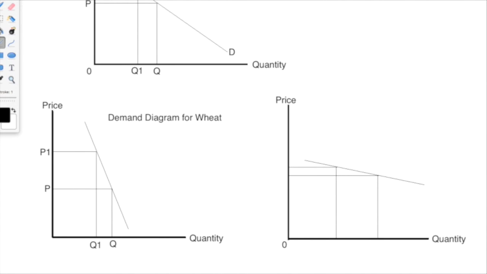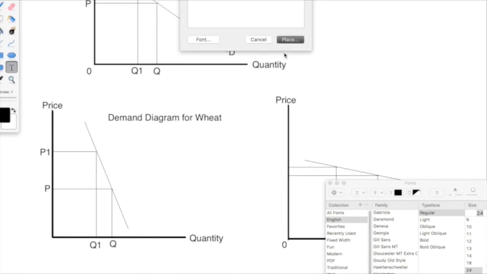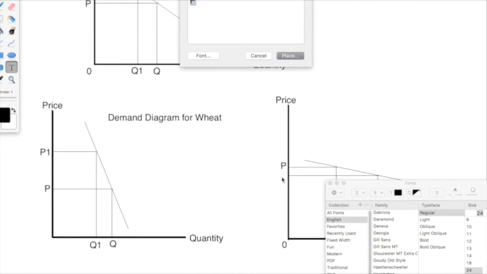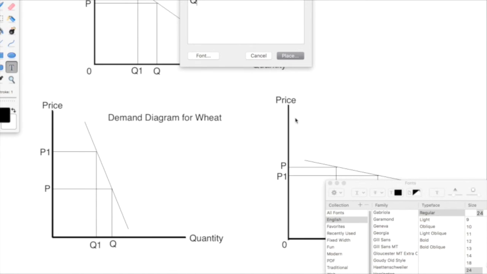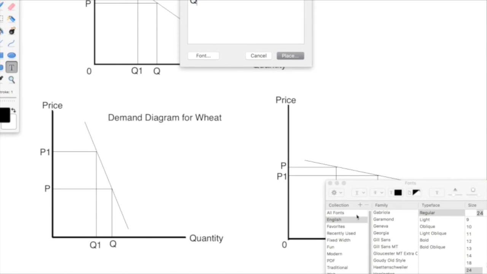So let's fill these things in. This time let's take the higher value as P, the higher price. So P, let's take P1. Let's take this as Q. Q1.